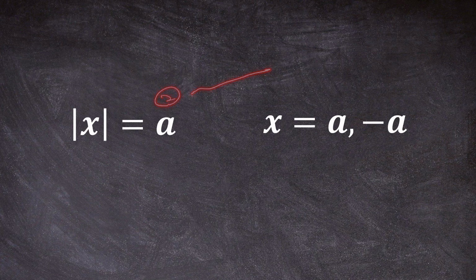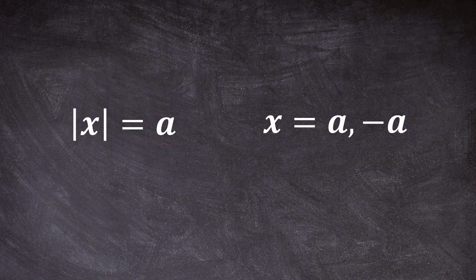You put all the other expressions and numbers on the other side of the equation, and on one side of the equation you just have the absolute value expression. Once you set that equal to something, what you do next is set the unknown variable within the absolute value sign equal to a or minus a.